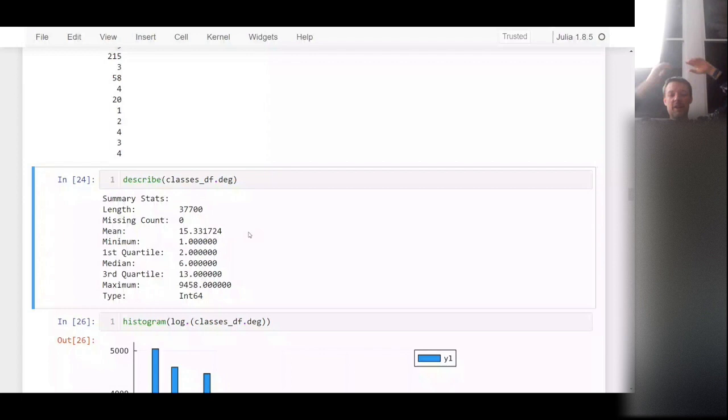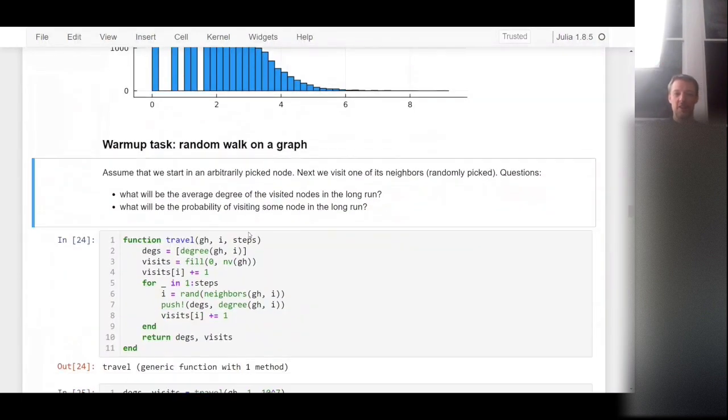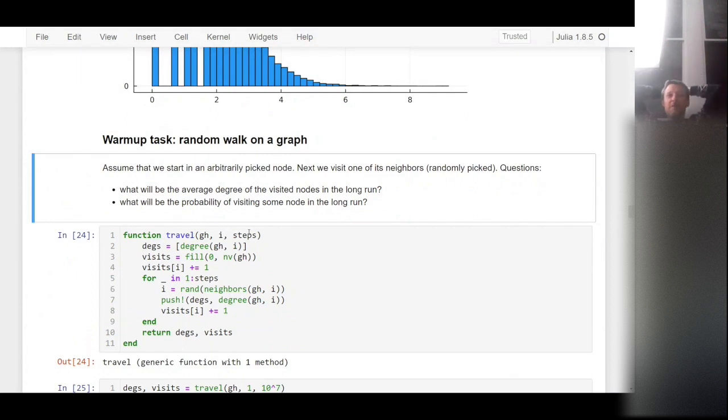But now a question I can ask is the following. Okay, but what if I do not pick this node at random, but I do a bit different process? I start in some node on the graph, and I start walking on this graph randomly, which means I am in some node, I randomly, uniformly at random, pick one of its friends, and I repeat this process.